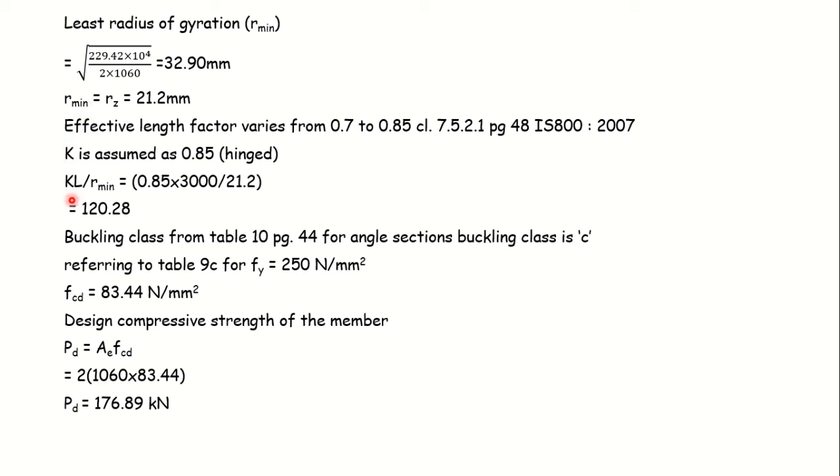On that basis we determined the slenderness ratio, referred to Table 9C for buckling class C, and got the fcd value. Then the load carrying capacity can be determined knowing the area of the section and the fcd value. So that was the first case.